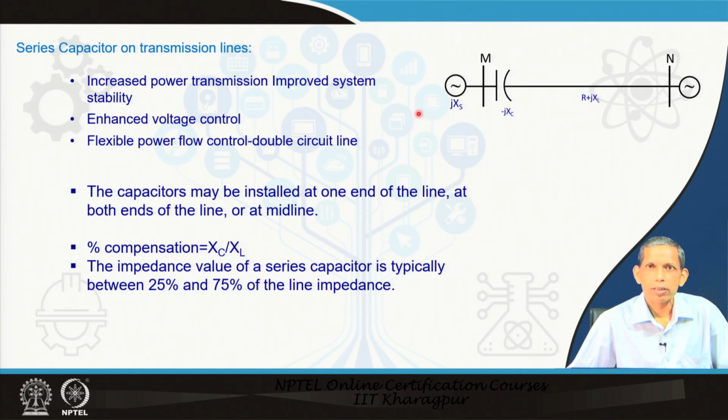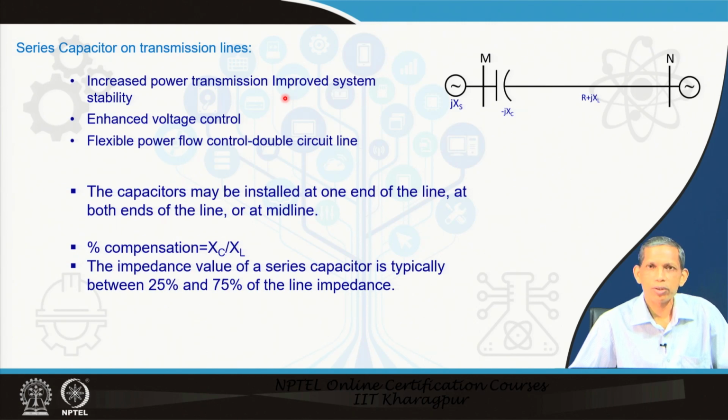This is being widely used for numerous reasons. Number 1, it increases the power transfer capability because the equivalent X of the transmission system reduces. It enhances voltage control as the drop in the network will be reduced; X equivalent decreases and I times X equivalent will be small, so the drop will also be small.